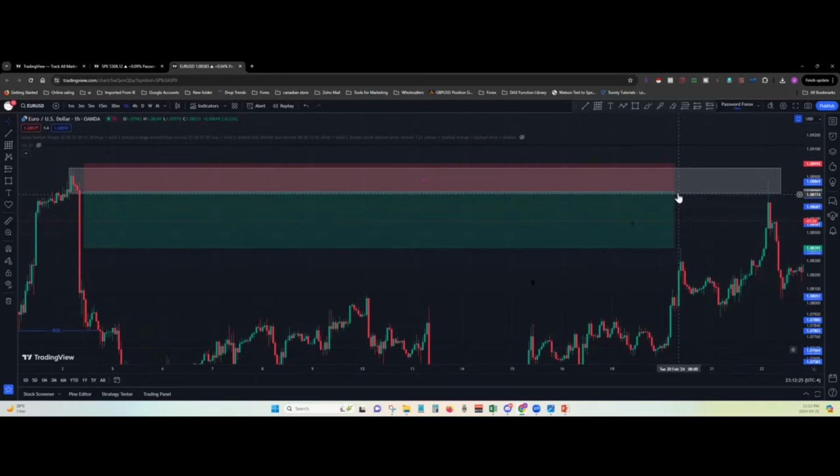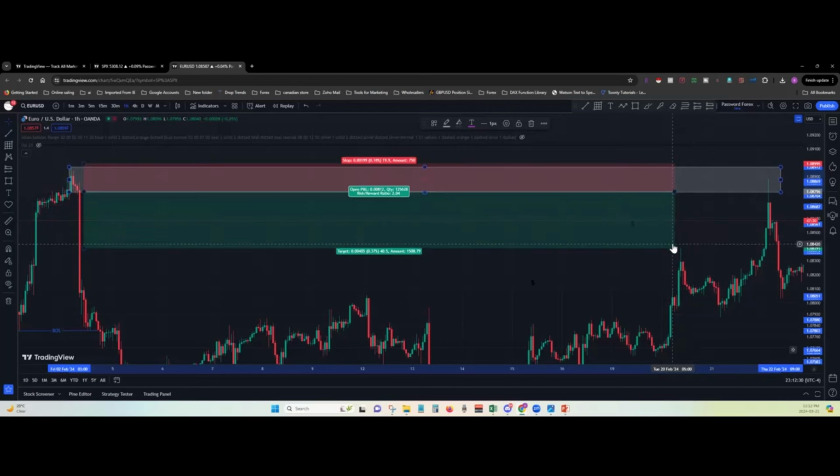Okay, so when the market comes around this area right here, you can see it just tapped into my order and went down. This would have been entry number one. My stop loss would have been 19.9, almost 20 pips, as you can see.